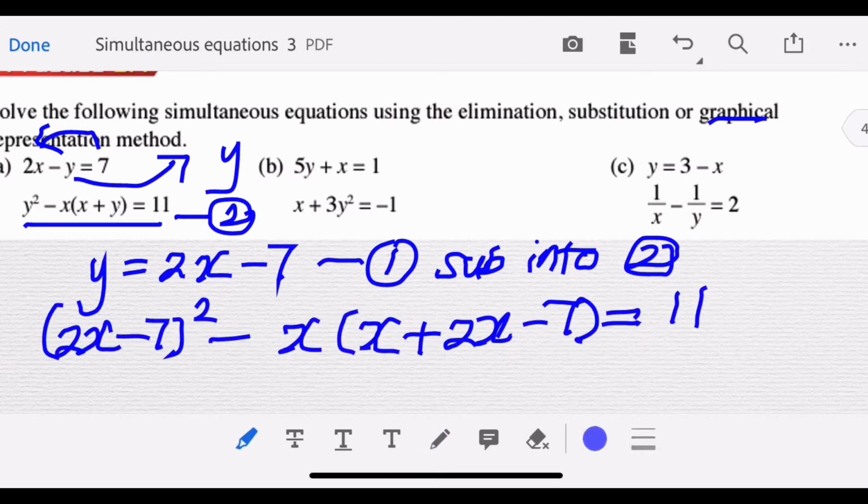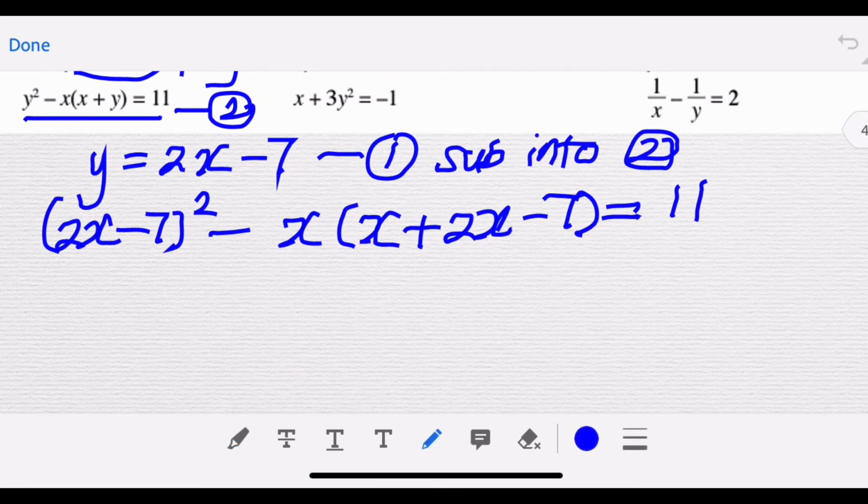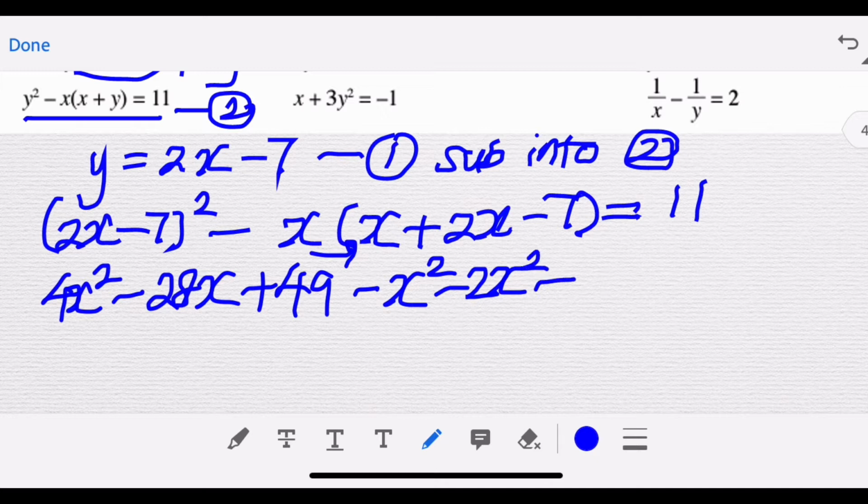Then I need to expand further. So 4x squared minus 28x plus 49. Okay, so this one should be minus x squared minus 2x squared plus 7x equal to 11. Please double check.